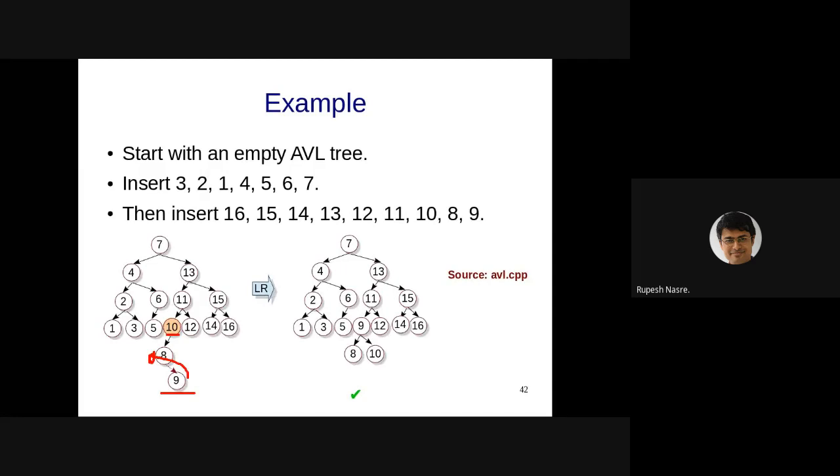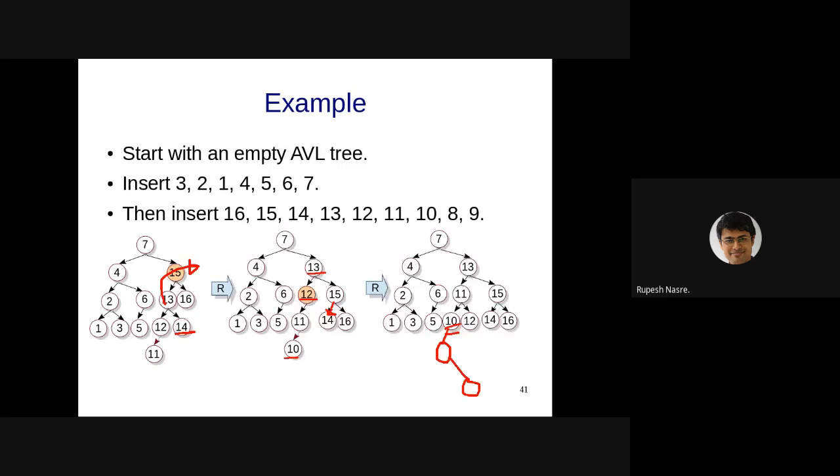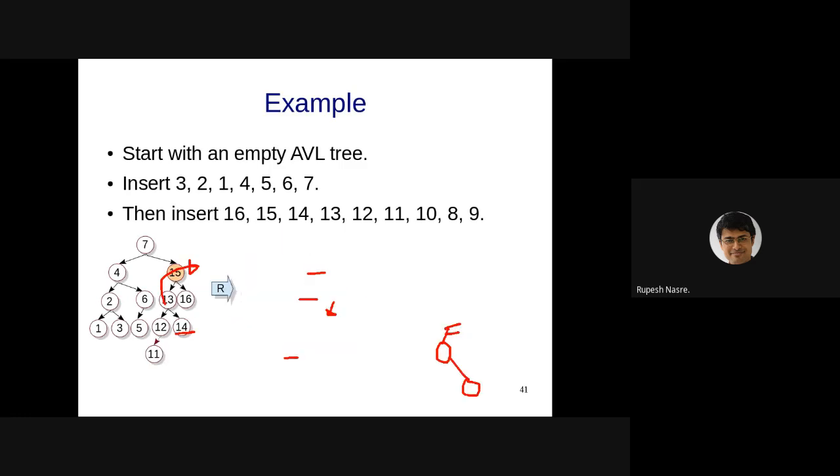For example, in this case, the rotation first happens at 13 rather than 15. So we do a right rotation first and then we, oh, sorry, this is not the RL case.